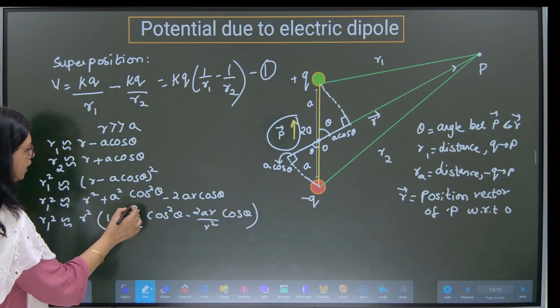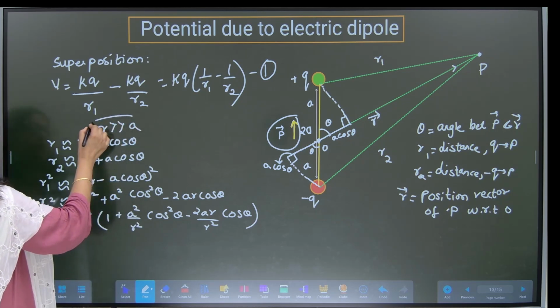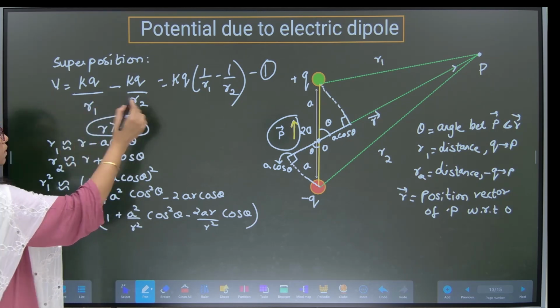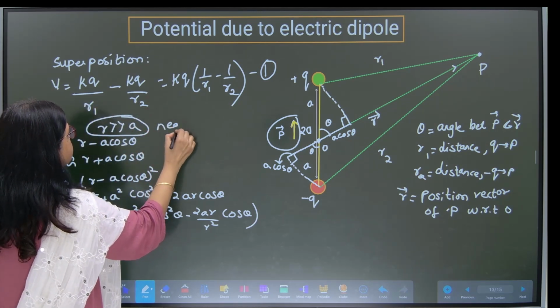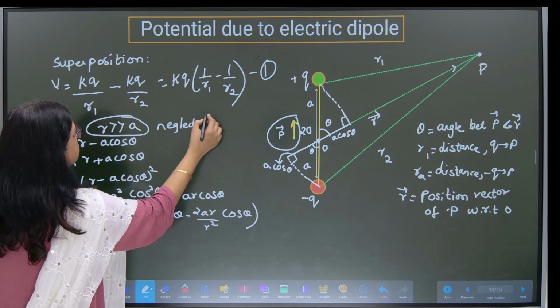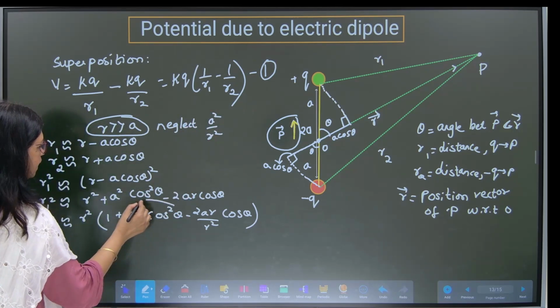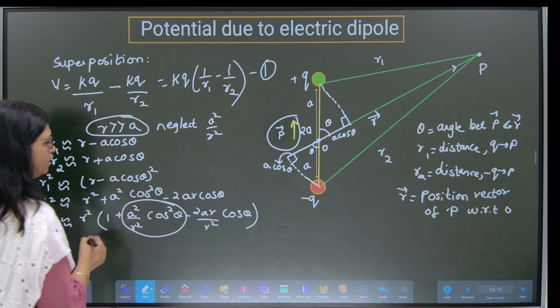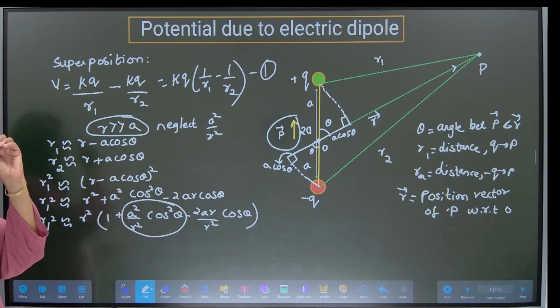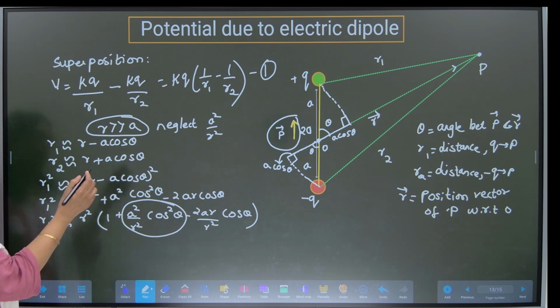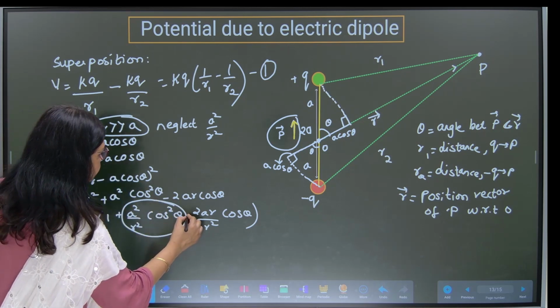Now, because R is much greater than A, I can neglect the A square upon R square term. Why? Because this value is going to be very small and cos takes the value from minus 1 to 1. So, overall this term can be neglected.